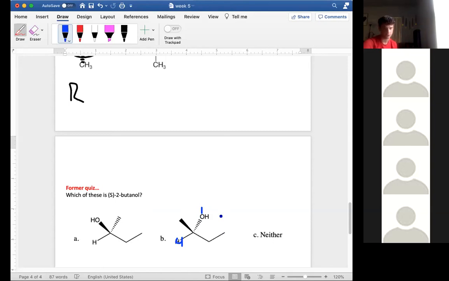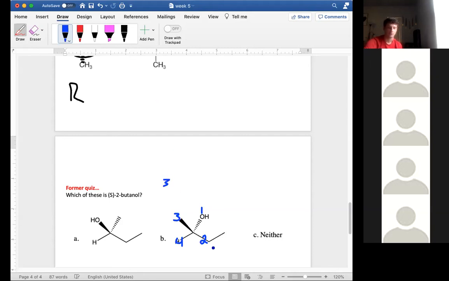Do you guys understand why? John says fewer H's. But really, here you have 3 hydrogens, which adds up to an atomic number of 3.